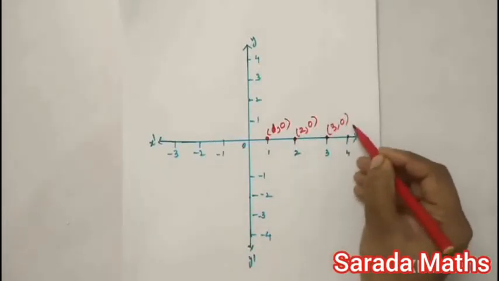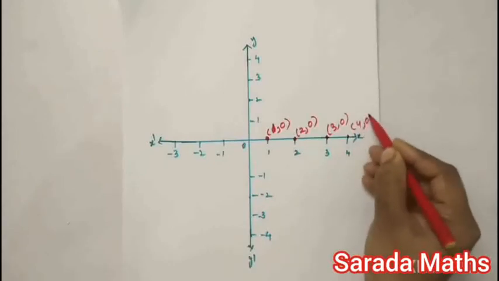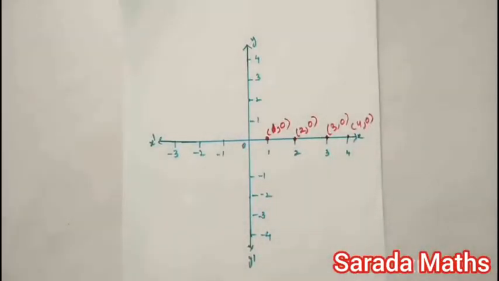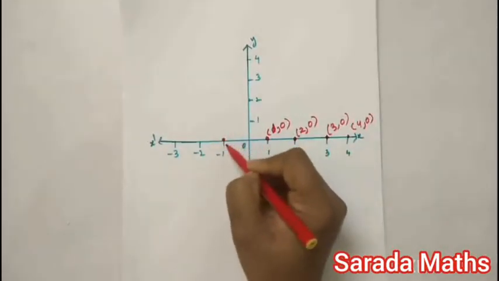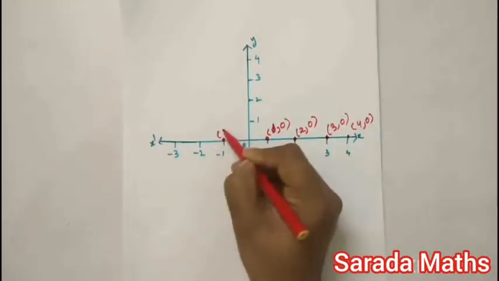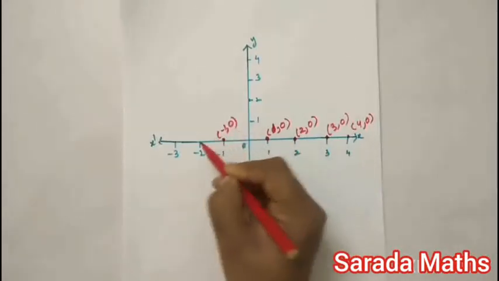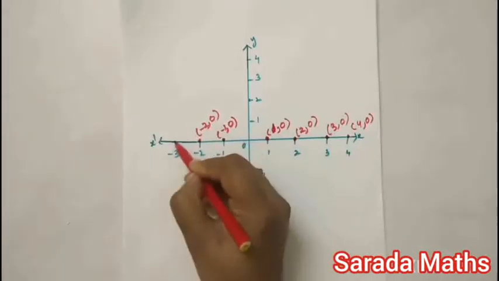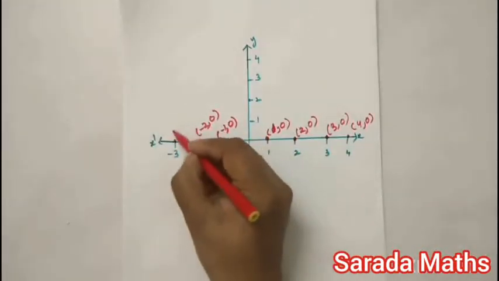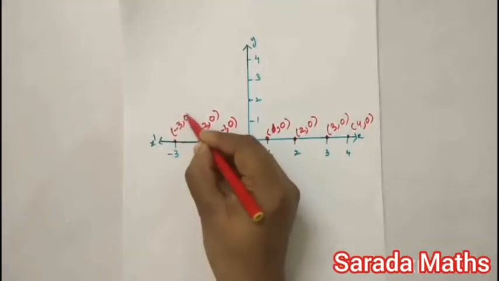Here it will be 4, 0. Even here the coordinates at this point will be -1, 0. Here it will be -2, 0. Here it will be -3, 0. Is it not?